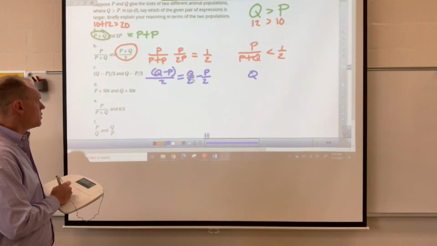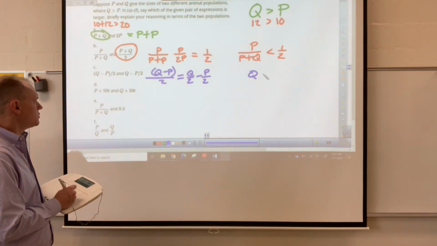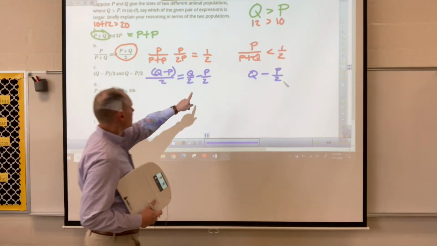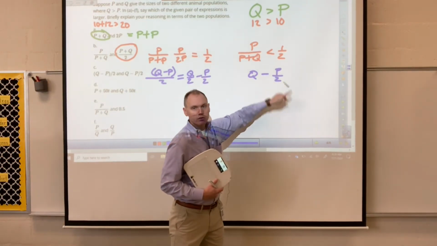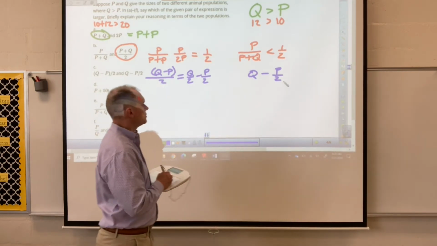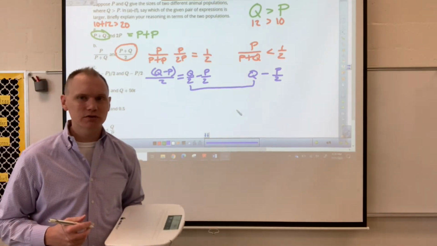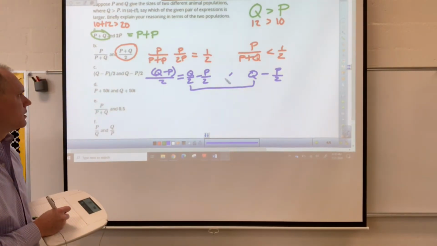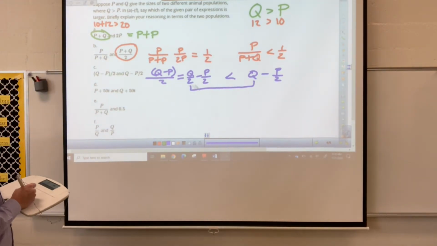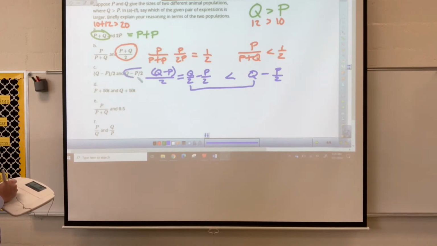So we're comparing q over 2 minus p over 2 to q minus p over 2. Again, the minus p over 2 terms are equivalent. So all we really need to do is compare q divided by 2 to q. And obviously half of q is going to be less than q. So therefore, this one is going to be greater.